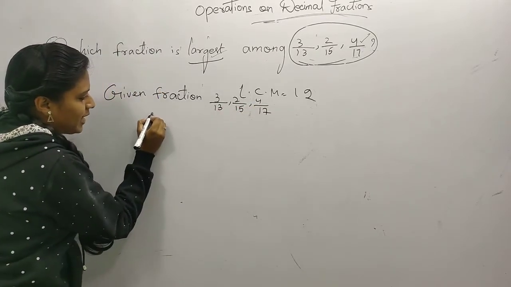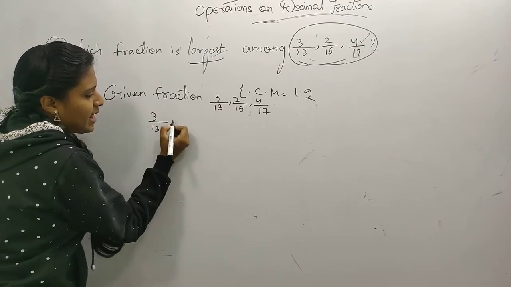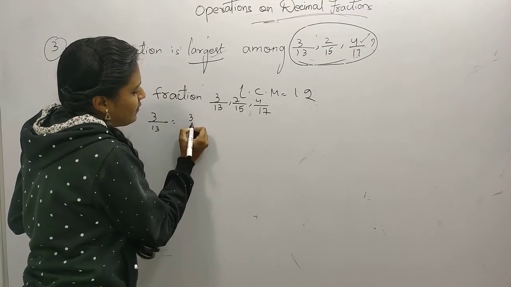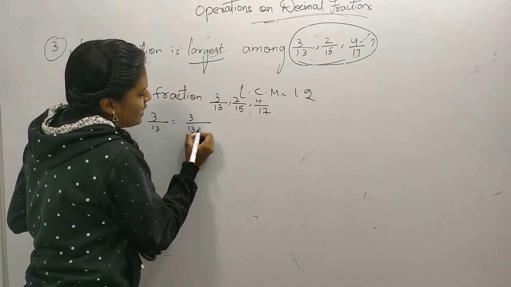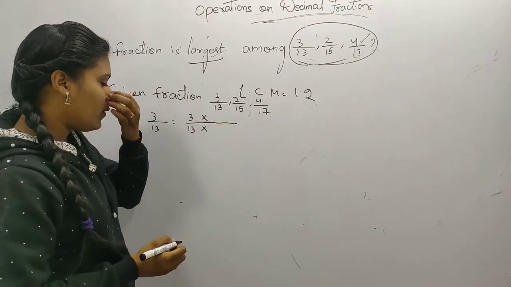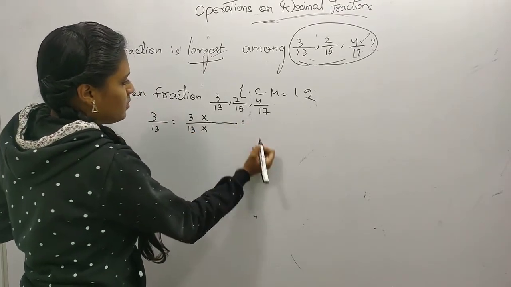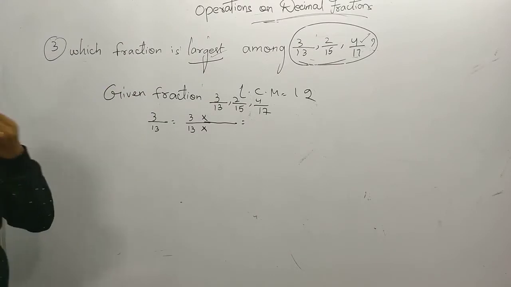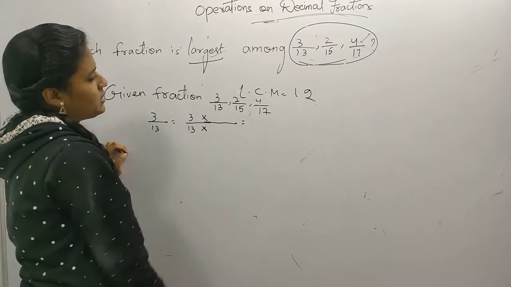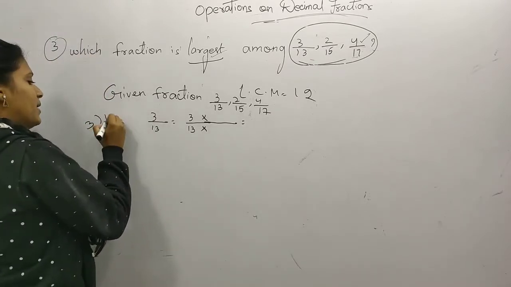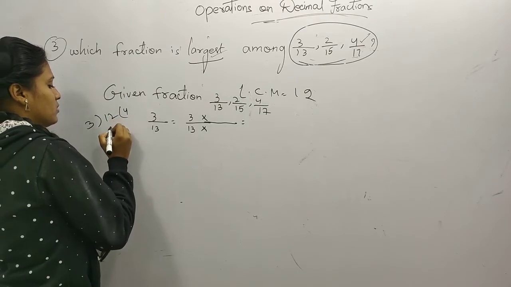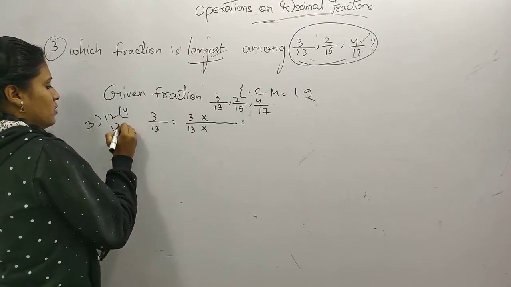First we will take 3 by 13. Once again, according to the previously solved problem, we must multiply the given value with both the numerator and denominator. We have to get 12. Means 3 divided into 12, how much? 3 4s are 12.